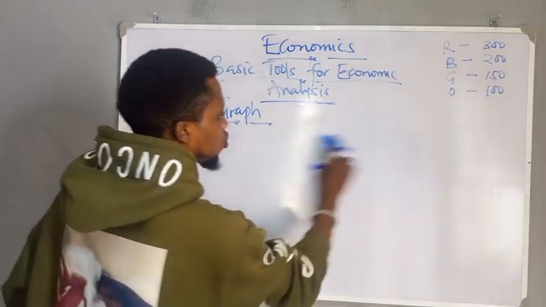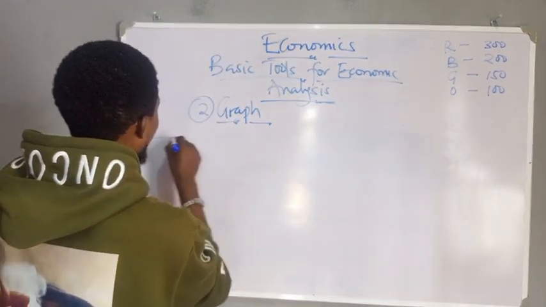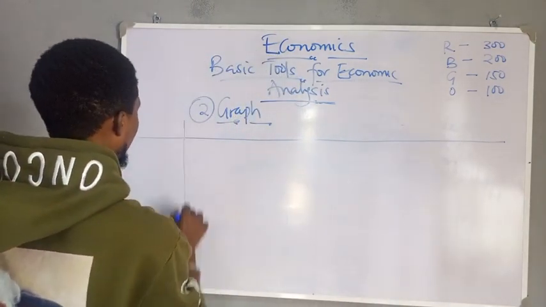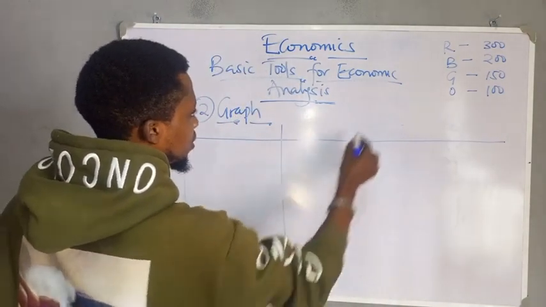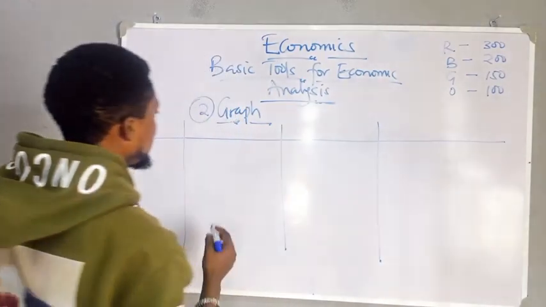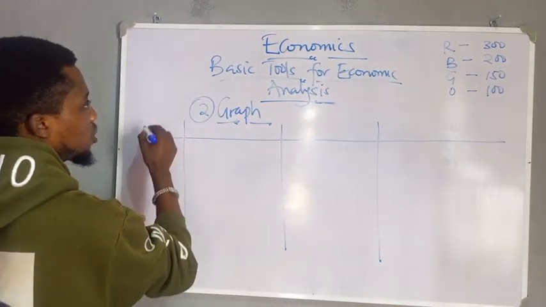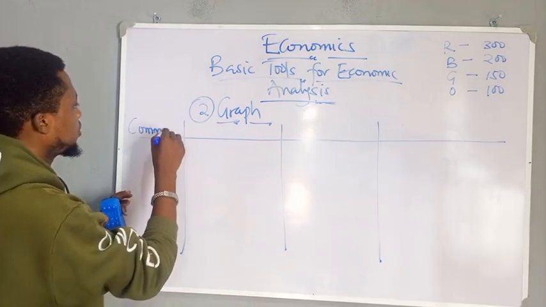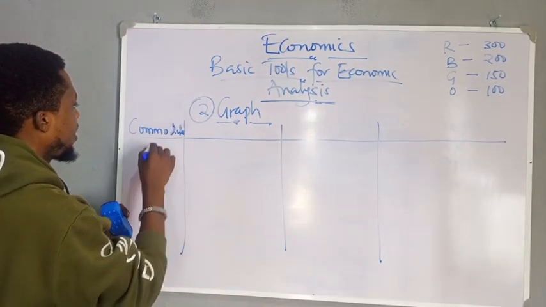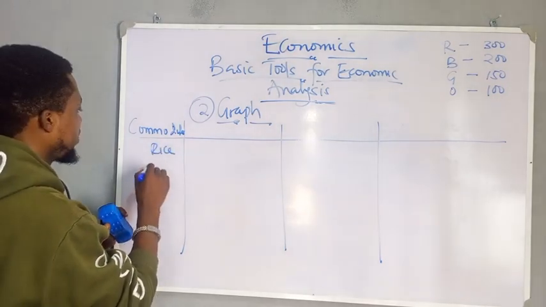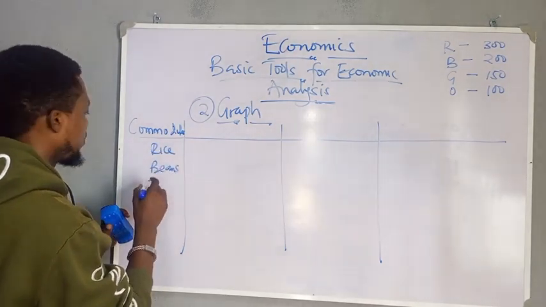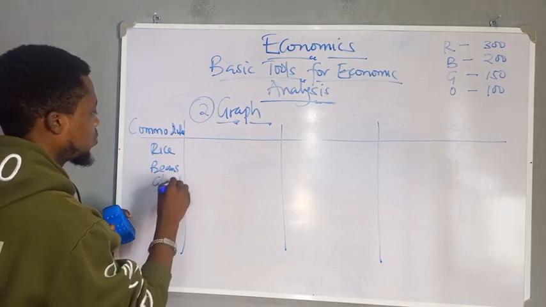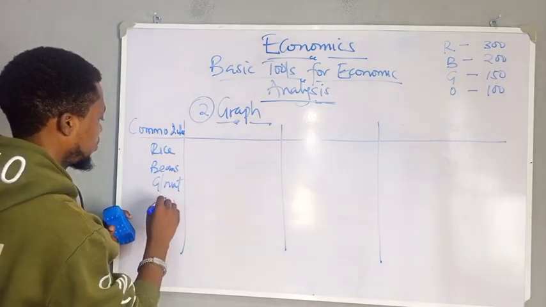Now this is how you solve for pie charts. Let's make our table. Let's have the commodities here. I hope you can see this. The commodities: we have rice, beans, groundnut, and oil.